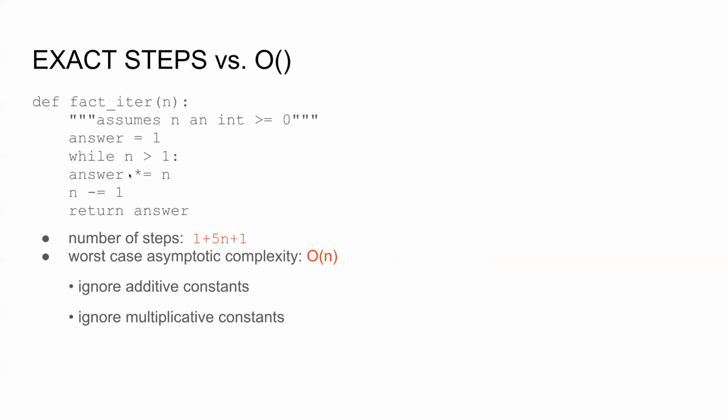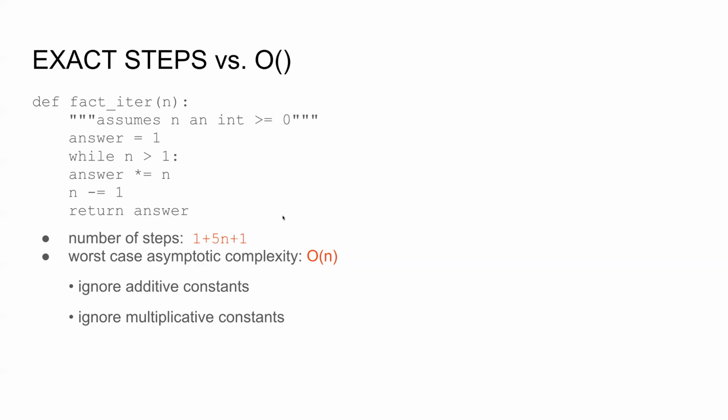You have 1, 2, 3, 4, and 5, including this comparison, that's 5 steps in the while loop, and you go through it n times. So it's 5n, plus the assignment answer equal to 1, that's 1 step, a constant, and return is 1 step. So it's 1 plus 5n plus 1. Worst case is O of n.